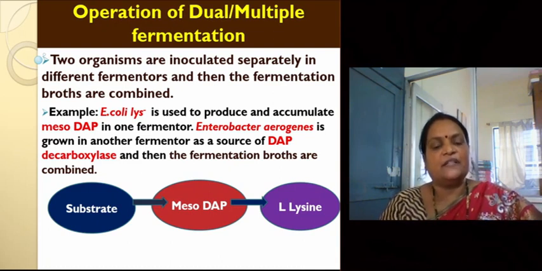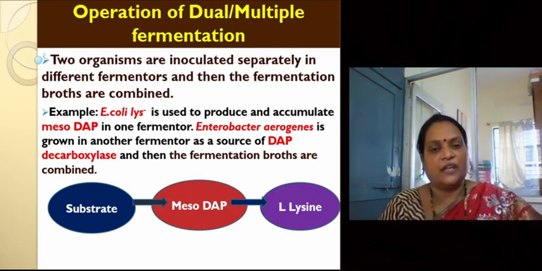But this enzyme is intracellular, meaning it is produced by Enterobacter aerogenes but it remains inside the cell. The enzyme should come in contact with meso-DAP, then only the meso-DAP will be converted to L-lysine. The enzyme should come in contact with substrate, then the substrate will be converted to product.